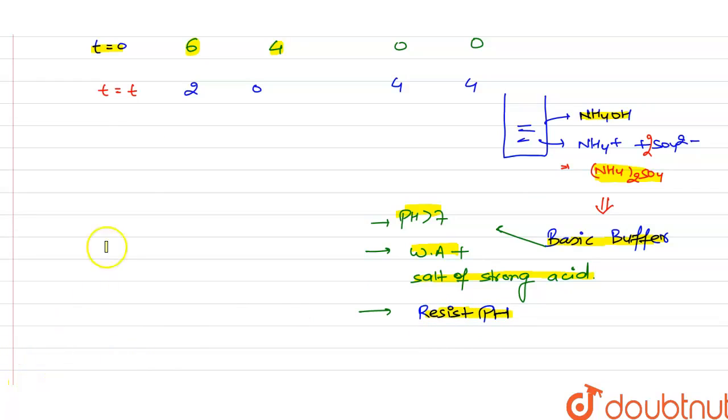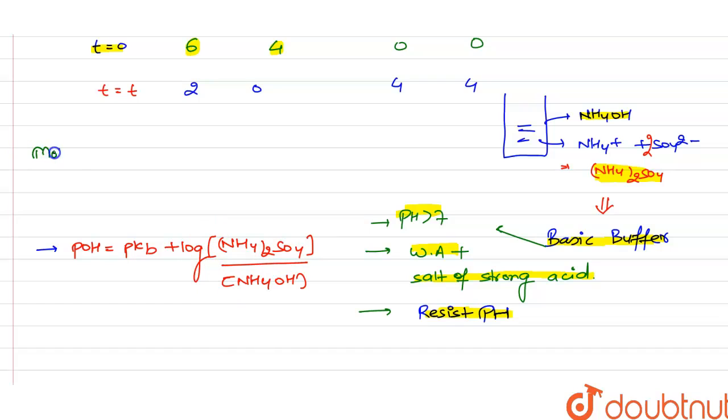To find the pH of the basic buffer we need the formula: pOH of the basic buffer is pKb plus log of the concentration of salt, (NH4)2SO4, upon the concentration of NH4OH.